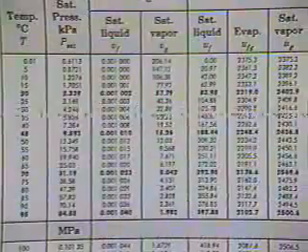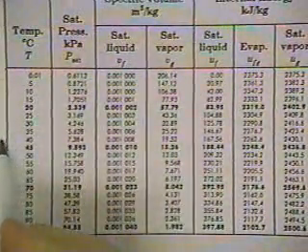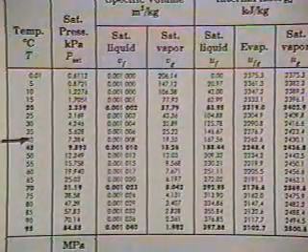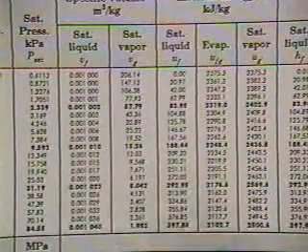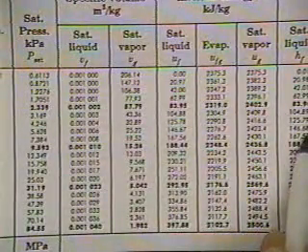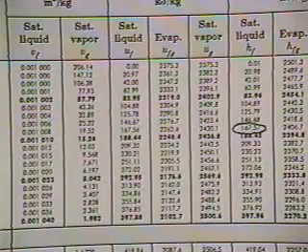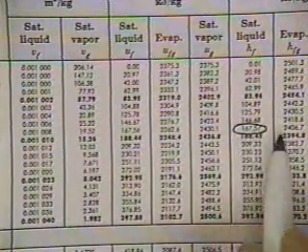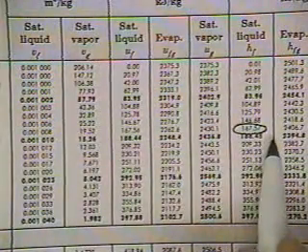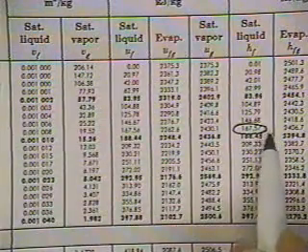In this particular case, we have 40 degrees C, and so what we will do is come down to 40 degrees C in the table and go over to the enthalpy at 40 degrees C, which is 167.57, and so the state 1 would be found at 40 degrees C, saturated liquid condition.